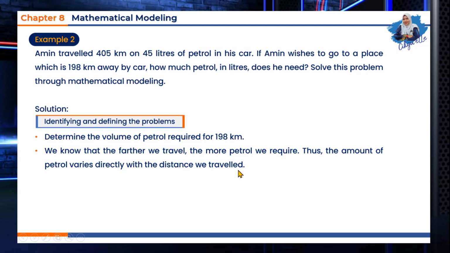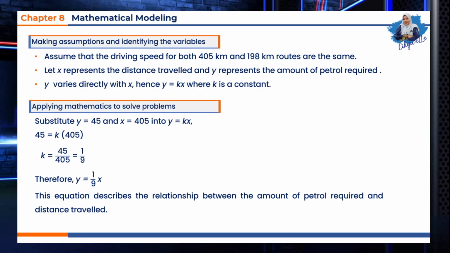Now what you can see here is that you have to apply variation, and then you have rate, ratio, and proportion. So in the first step, you identify and define the problem based on the situation given. Right, the second step is to make assumption and identify the variable. You have to make a simple assumption based on the real world problem given.